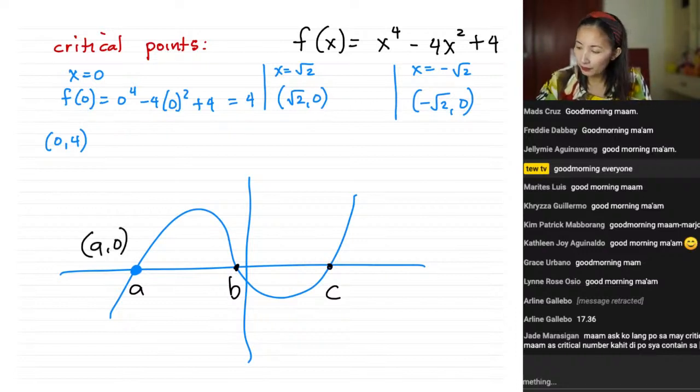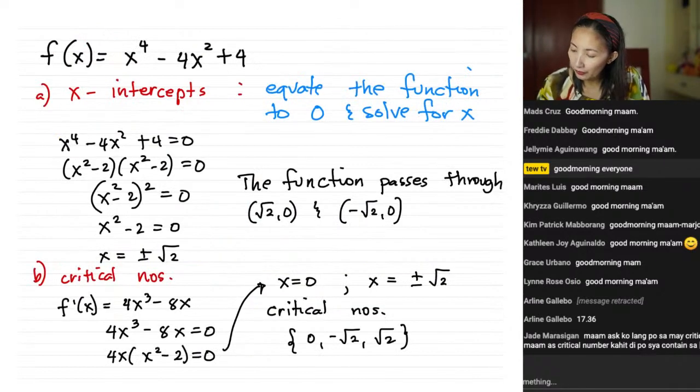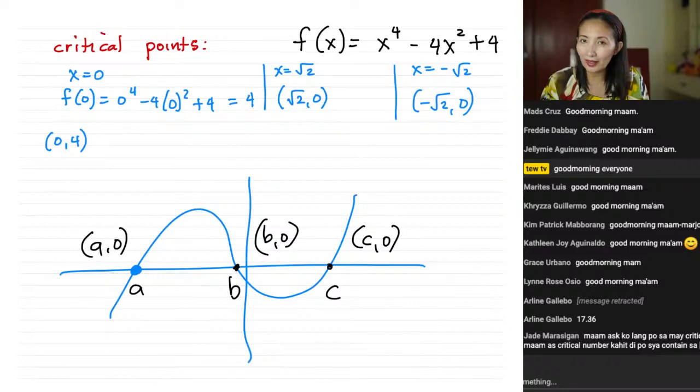You don't have to solve for the function value at negative square root of 2 and positive square root of 2 because you'll end up with 0.